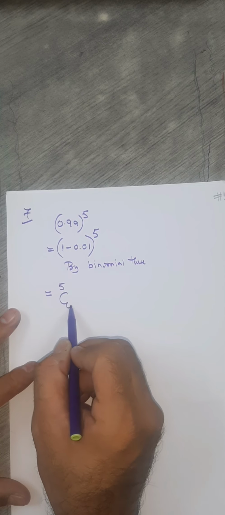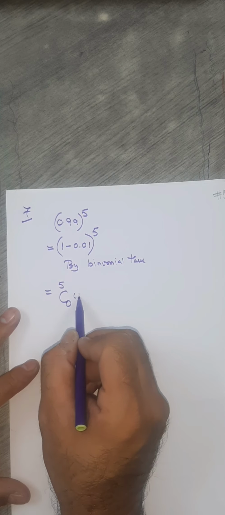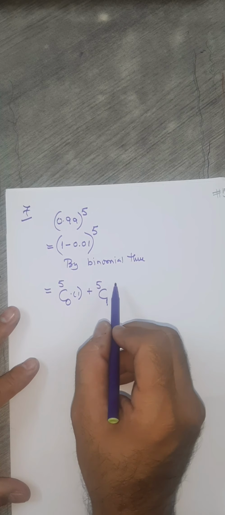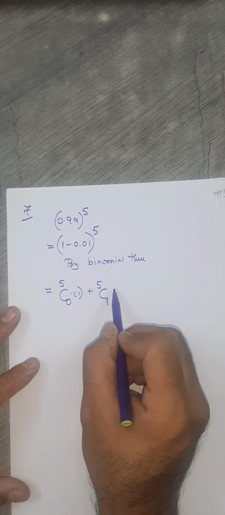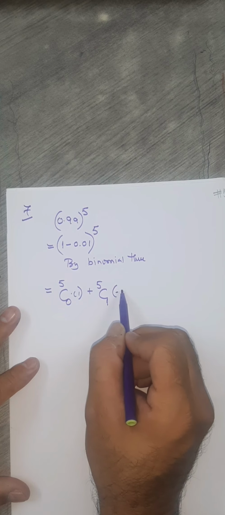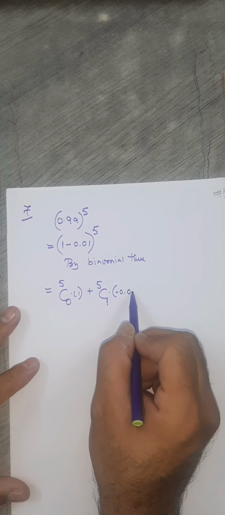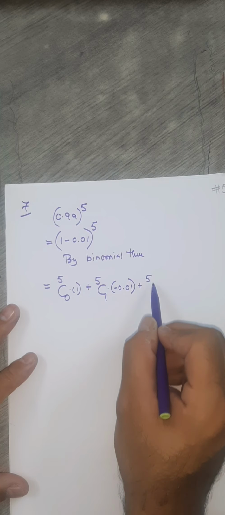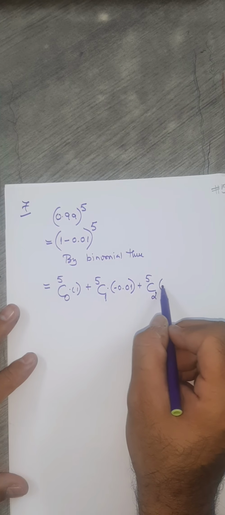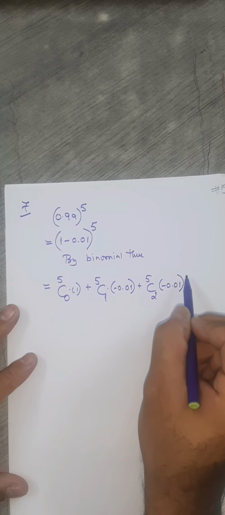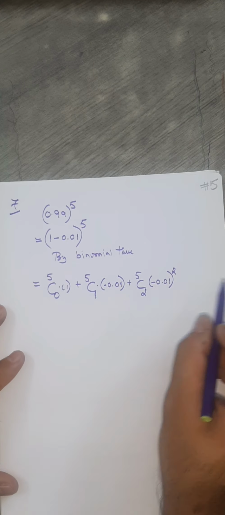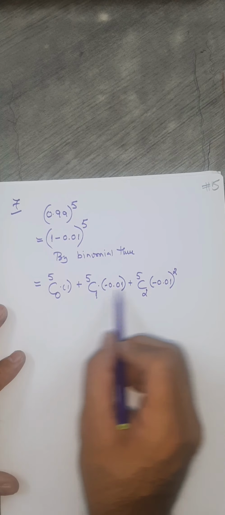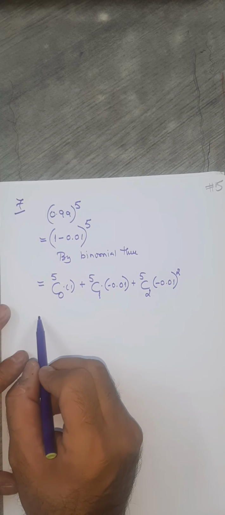So your 5C0 into 1 here plus 5C1 into minus 0.01 raised to 1, 5C2 into minus 0.01 the whole square and so on, but we are asked for first three terms only, so we are expanding only the first three terms.